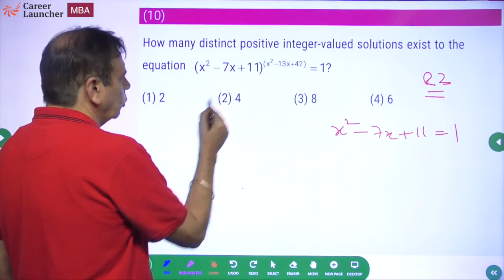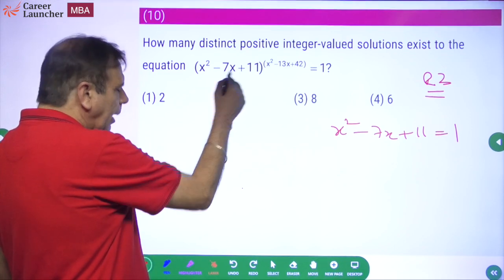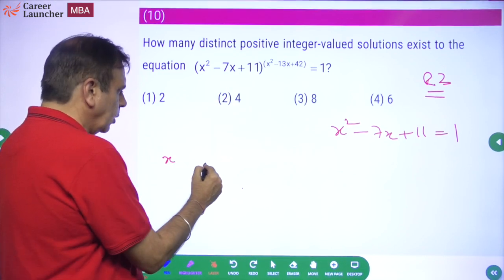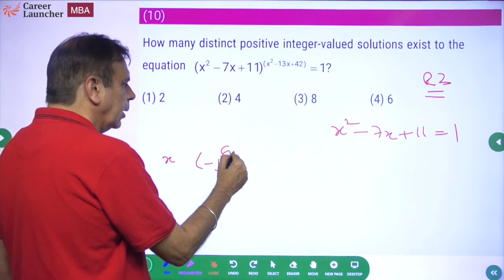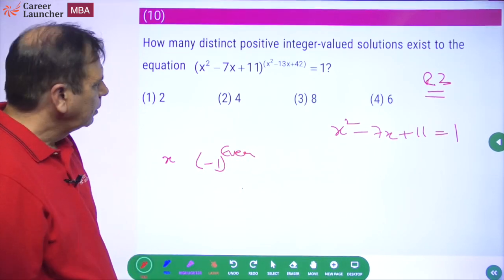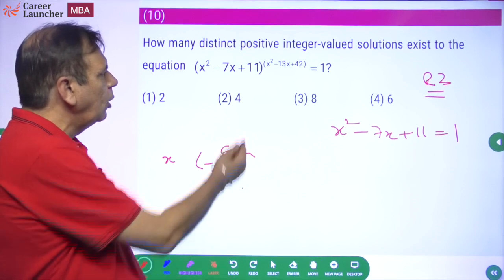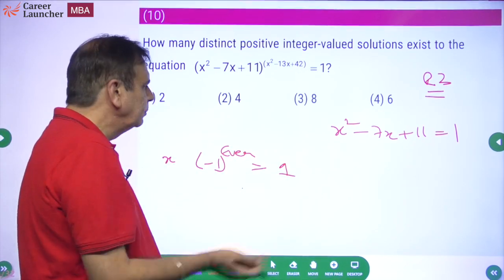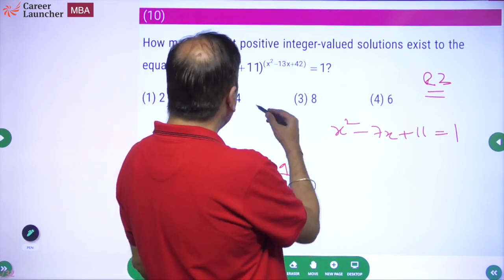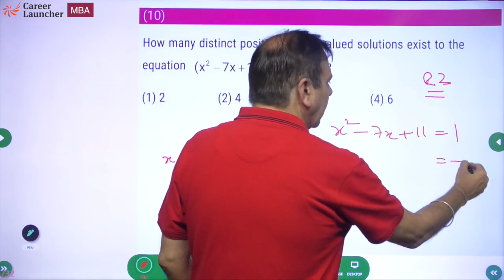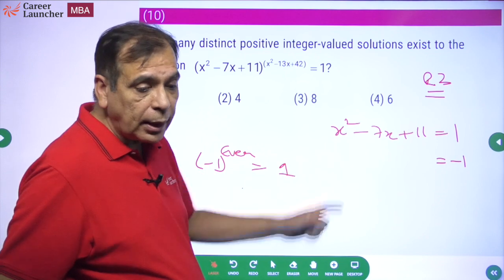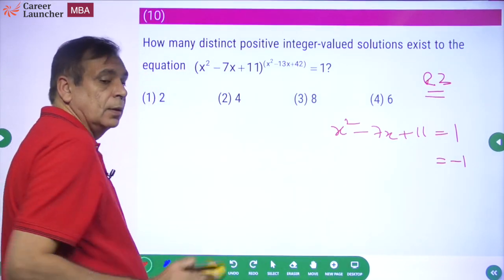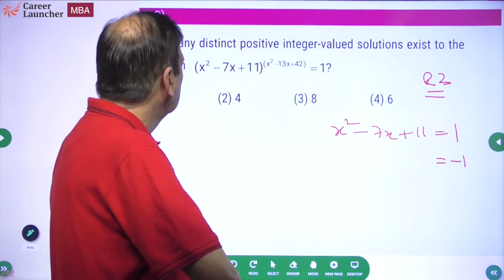Minus 1 to even power will also be equal to 1. Minus 1 to power 4, 6, 8, this can also happen. That means the second equation you need to check is the base equal to minus 1. But in this case, you will look at only those roots which are even. You will not worry about all the roots.